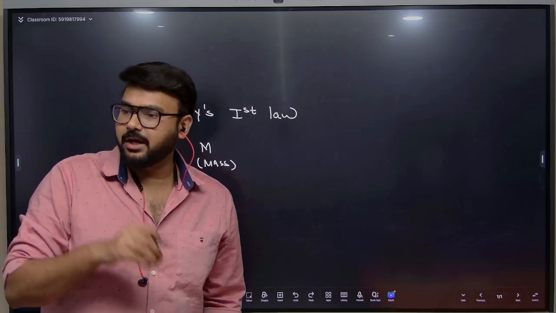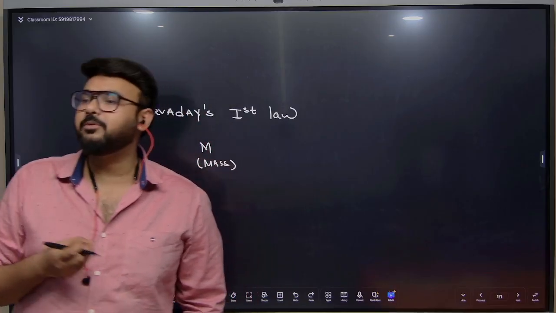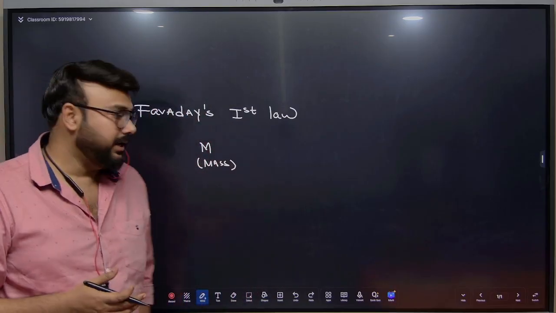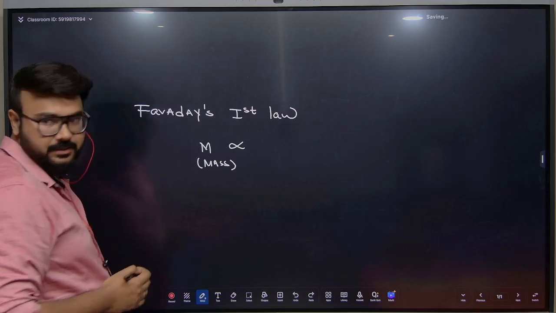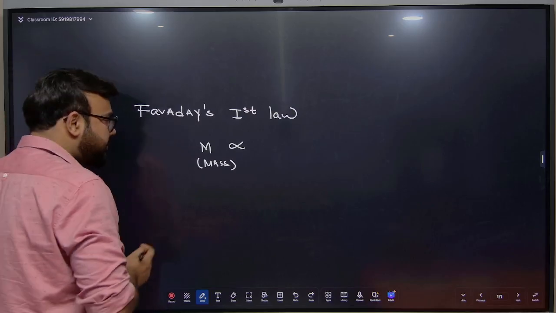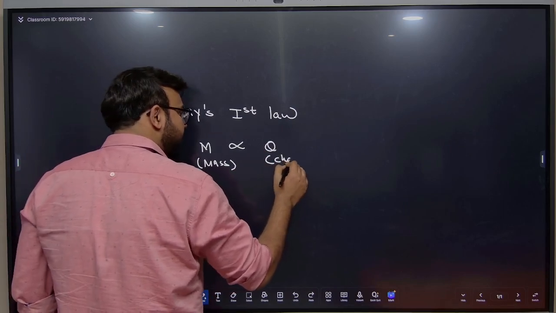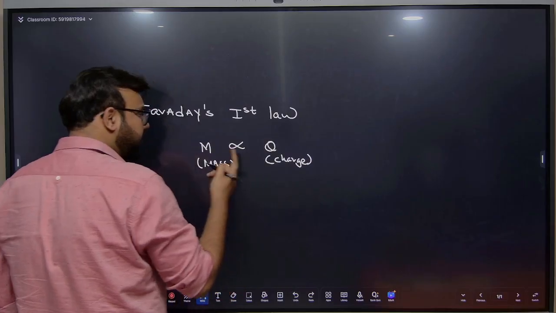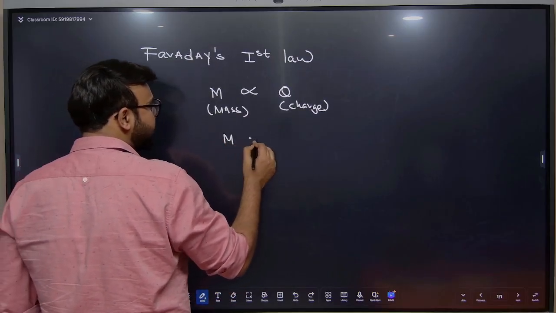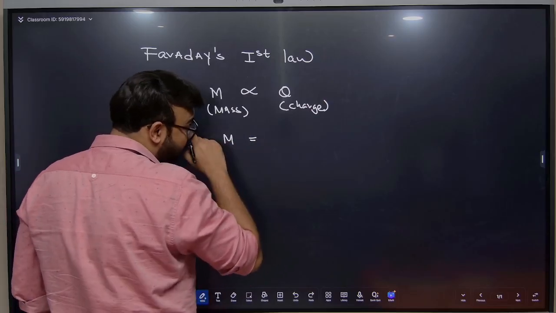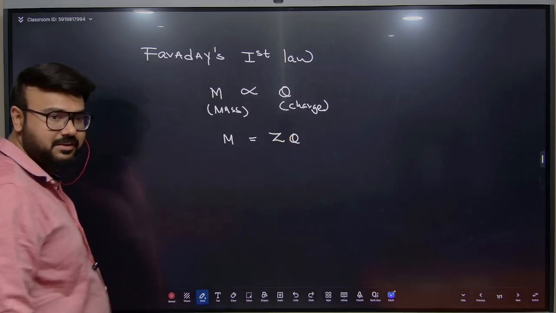So whatever mass of substance is liberated or deposited at either of the electrodes is going to be directly proportional to the charge passing through it, Q. To remove the proportionality, you bring in a constant, and the constant is called Z. So it becomes ZQ, correct?